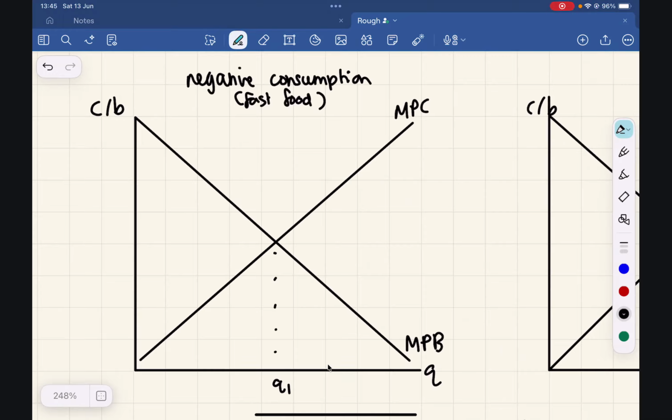There's nothing specifically good or bad about making fast food or making chocolate, you would argue. Well, let's assume when you consume chocolate, if at each level of output, that's the marginal private benefit, while the social benefit will always be a touch lower. So that would be the marginal social benefit.